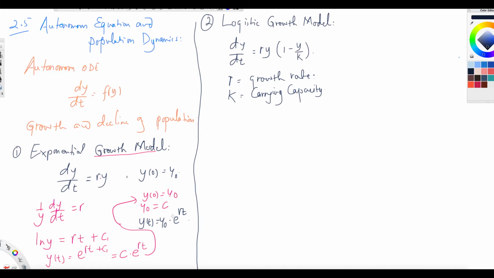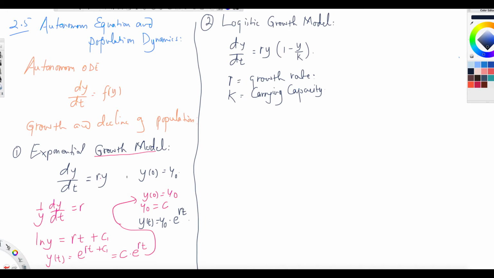Now what happens here is, if r is greater than 0, then for any positive initial value, for any positive population, this solution will keep growing and growing and growing. When t tends to infinity, this will go to infinity. And when r, the growth rate, is less than 0, then it will be e to the negative number times t, right? When t tends to infinity, this will go to 0.